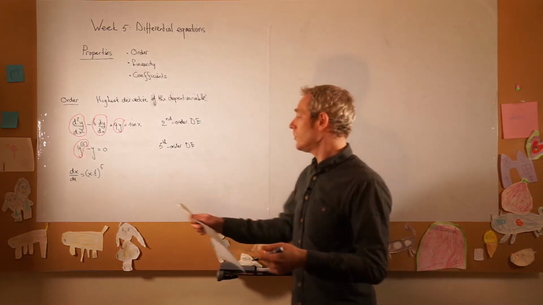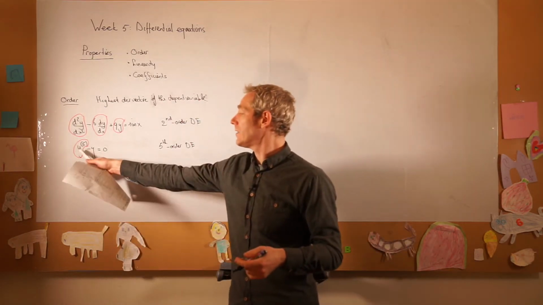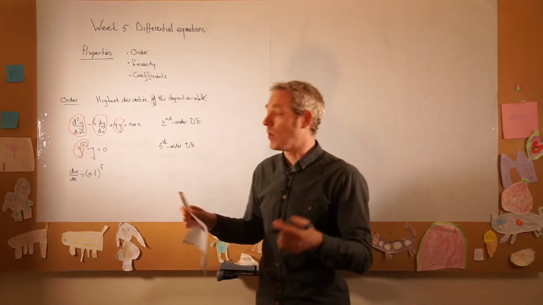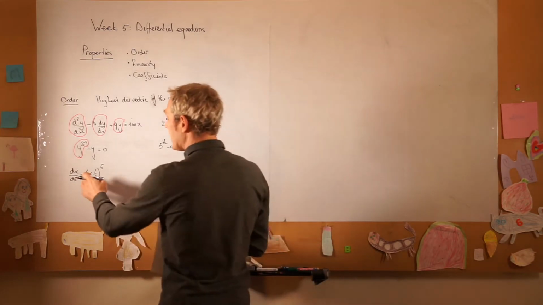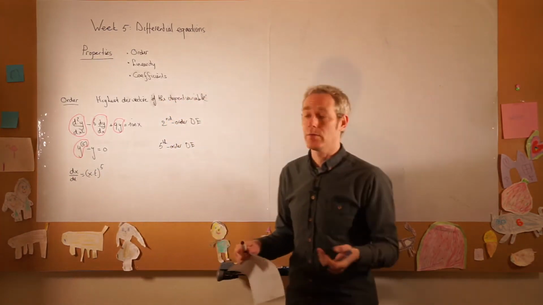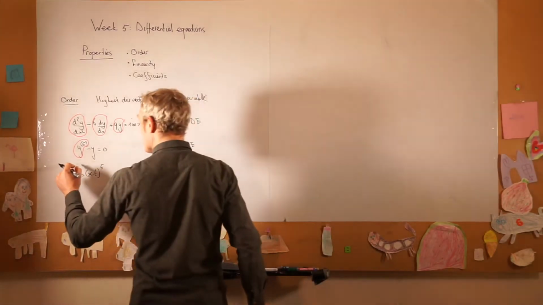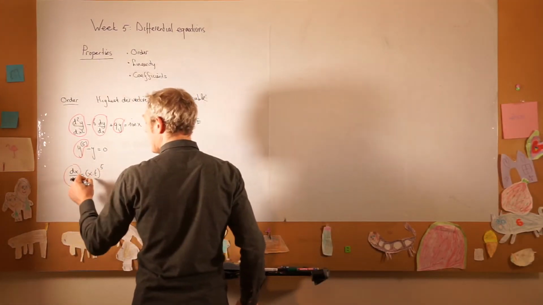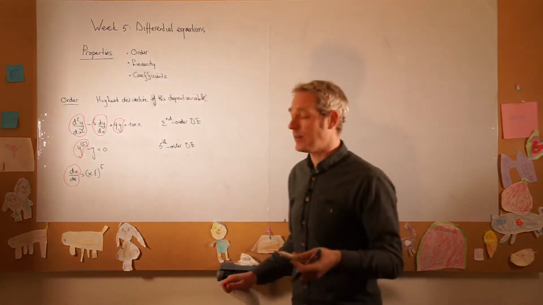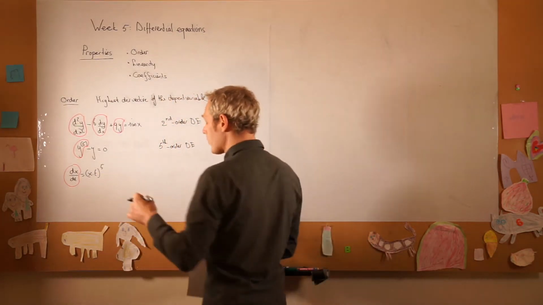Now, to conclude, here our dependent variable was y, but here we have a dependent variable x with independent variable t. Now we have the first derivative here and a zeroth derivative, the function itself, to the power of 5.